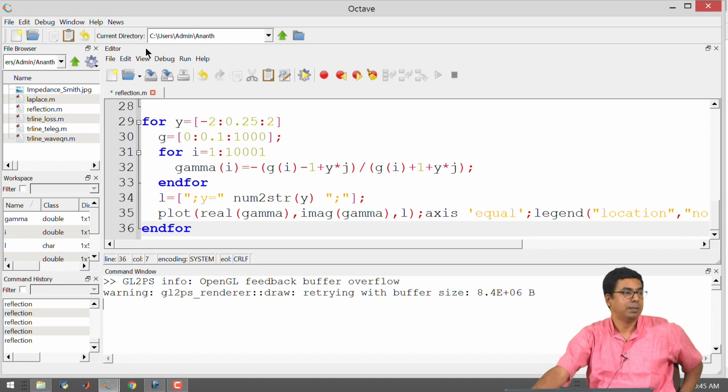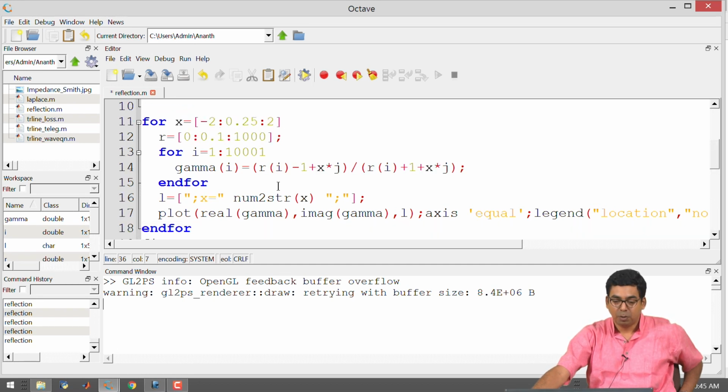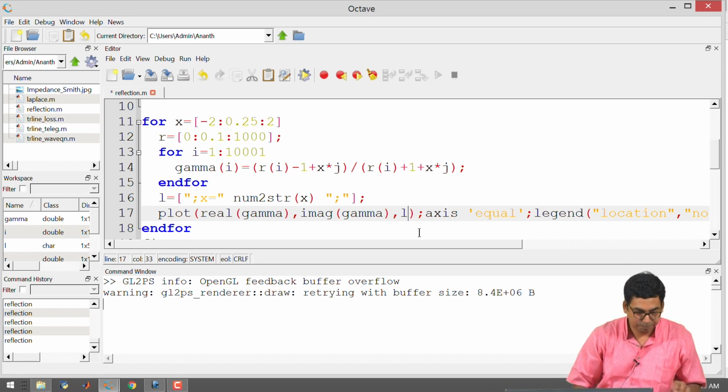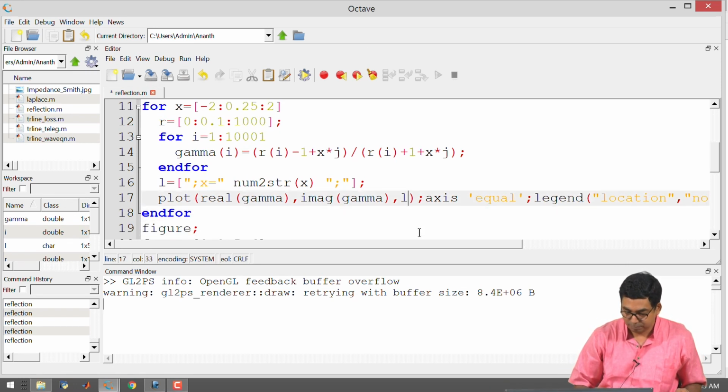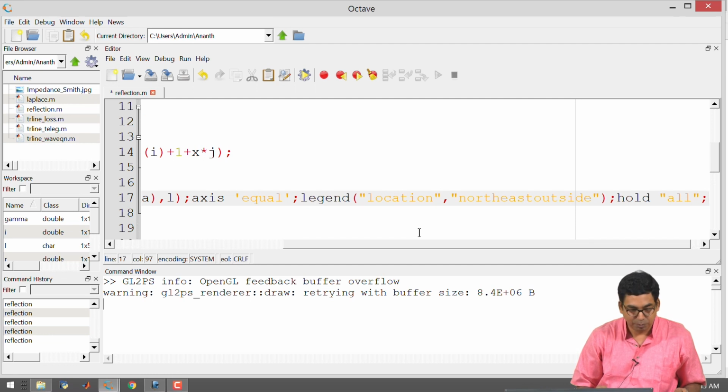And I am going to have this in a different figure, okay. And to be clear, what we can do is the first figure we can give a title. So, I will just give a title to the first figure.